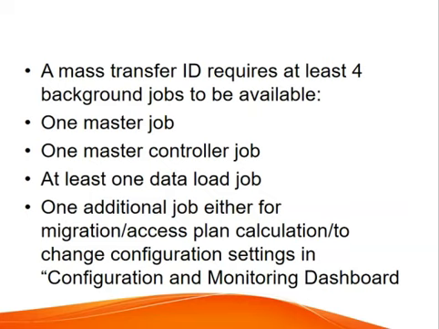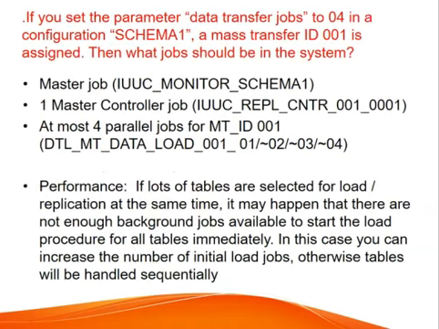A mass transfer ID requires at least 4 background jobs to be available: 1 master job, 1 master controller job, at least 1 data load job, 1 additional job either for migration, access plan calculation or to change configuration settings in configuration and monitoring dashboard.